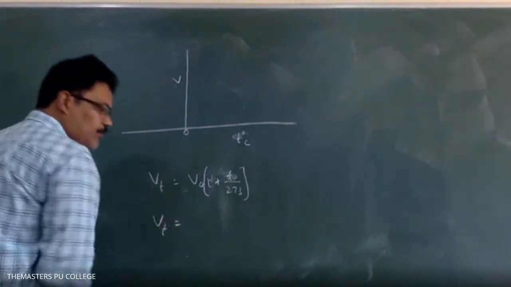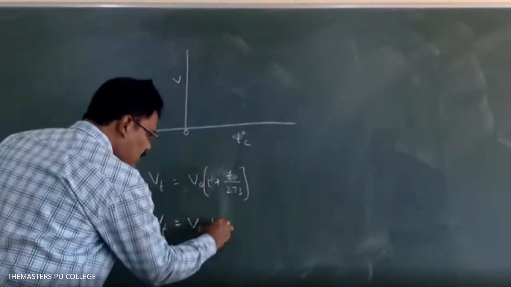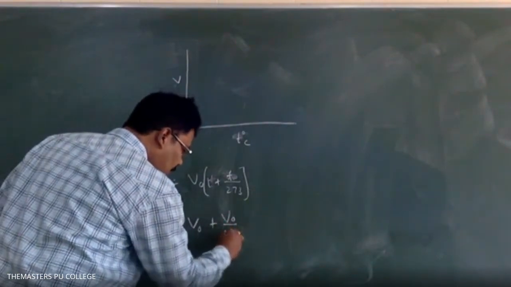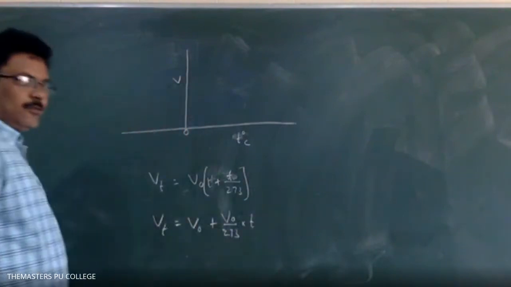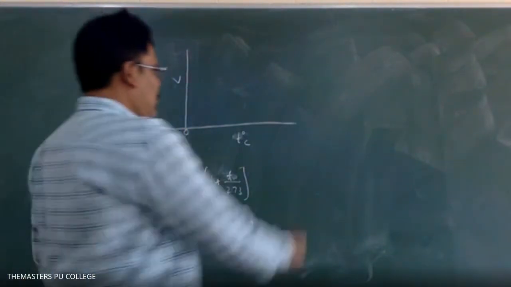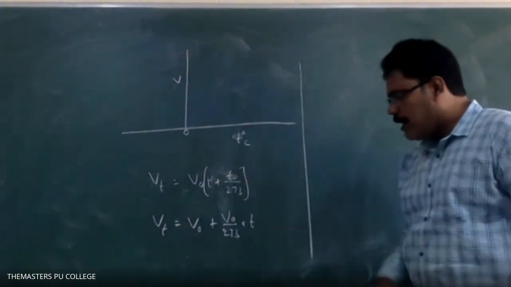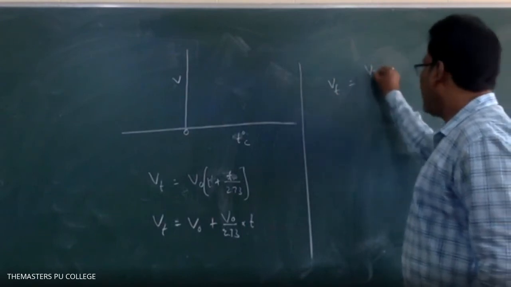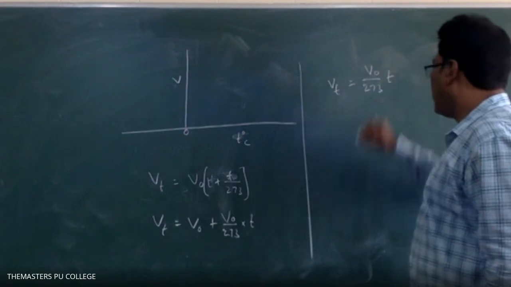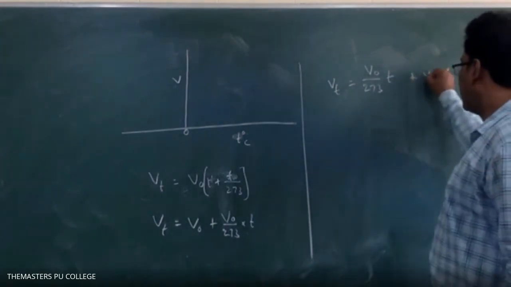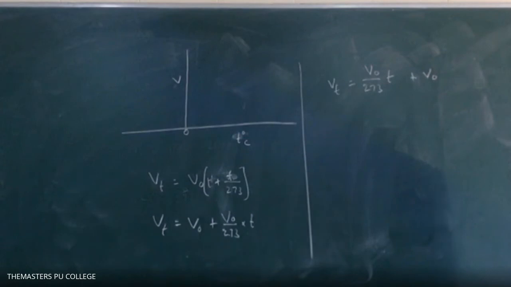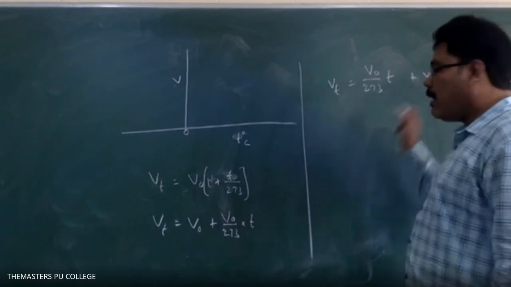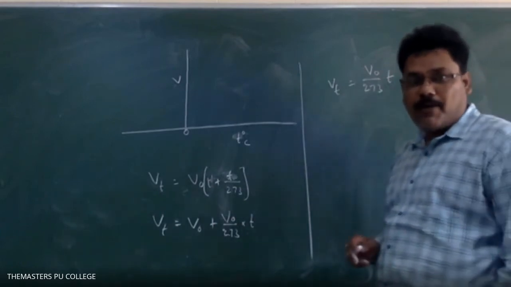Vt is equal to V naught plus V naught by 273 into T. Right? Now I can rearrange this as Vt equals V naught by 273 into T, plus V naught. Got it now? Which is similar to the y equals mx plus c form.